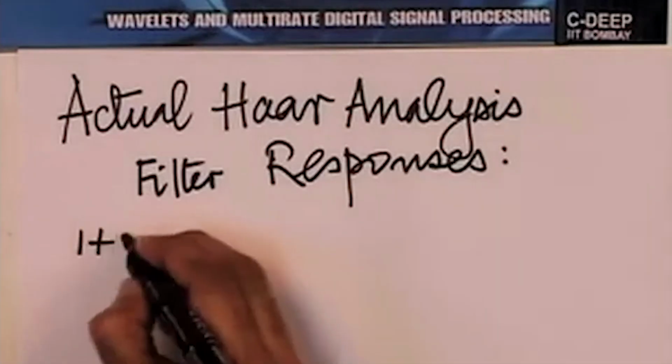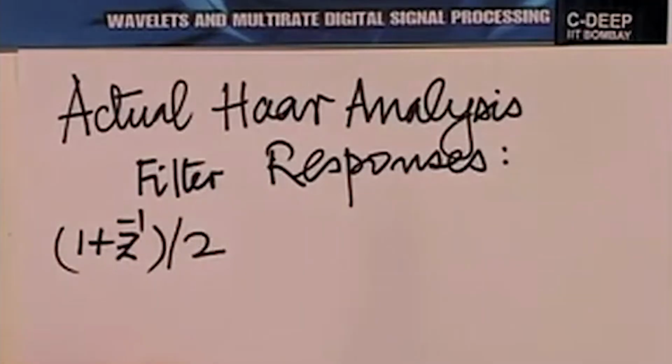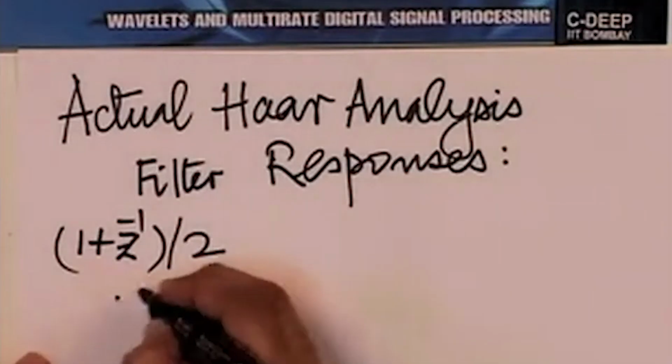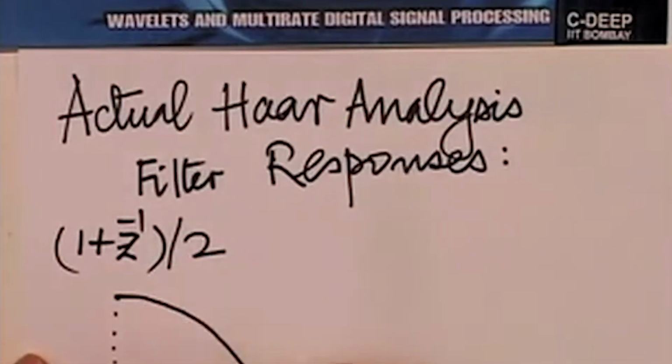The 1 plus Z inverse by 2 filter had a response that looks like this, essentially mod cos omega by 2 between 0 and pi.